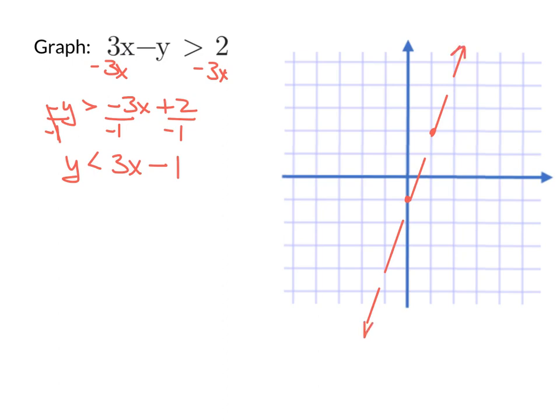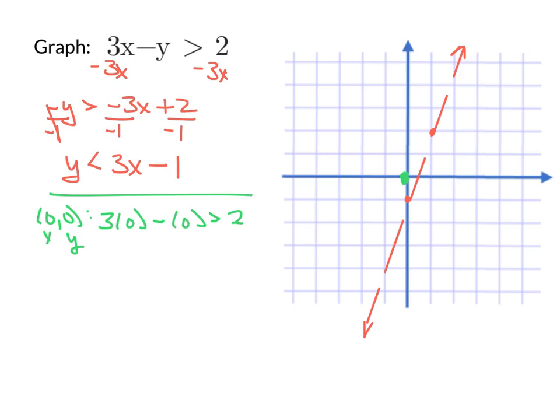Last step, decide which side to shade on, and although it's close, this point 0, 0 is not on the line, so we can definitely use it. And I'm going to take 0, 0, plugging 0 in for x and 0 in for y, and go back to the original equation. So we have 3x minus y is greater than 2, where x is 0 and y is 0.